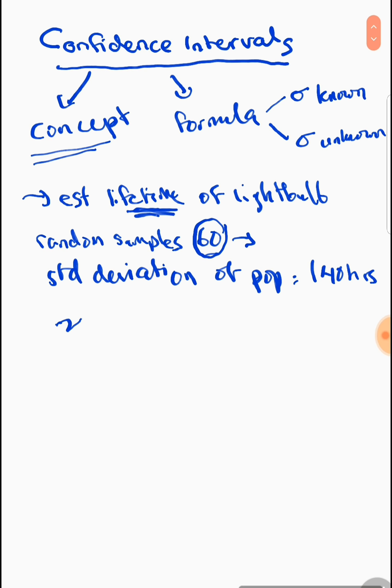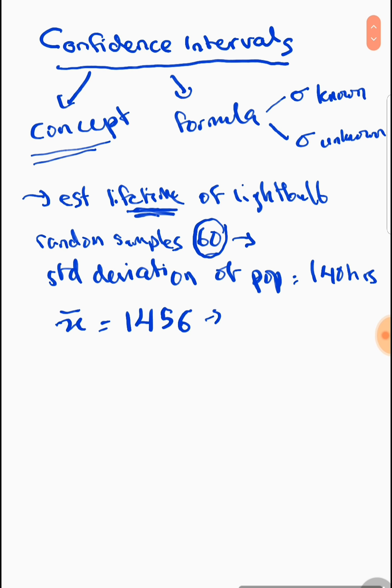If you have guessed this one, then you're right. Always remember that both symbols mean the same, the average or the mean, but mu indicates the population mean, while x bar indicates the sample mean. So this 1456 is the data that we get from the random samples of 60 light bulbs.